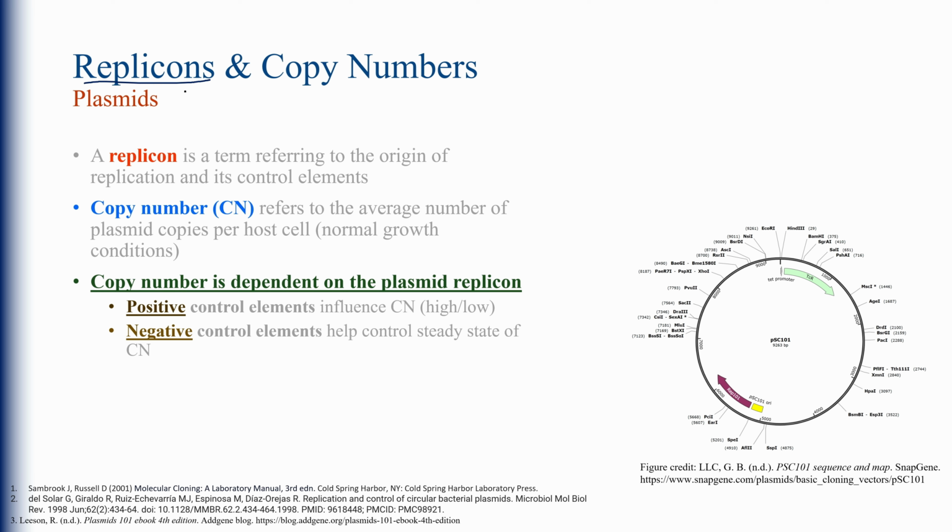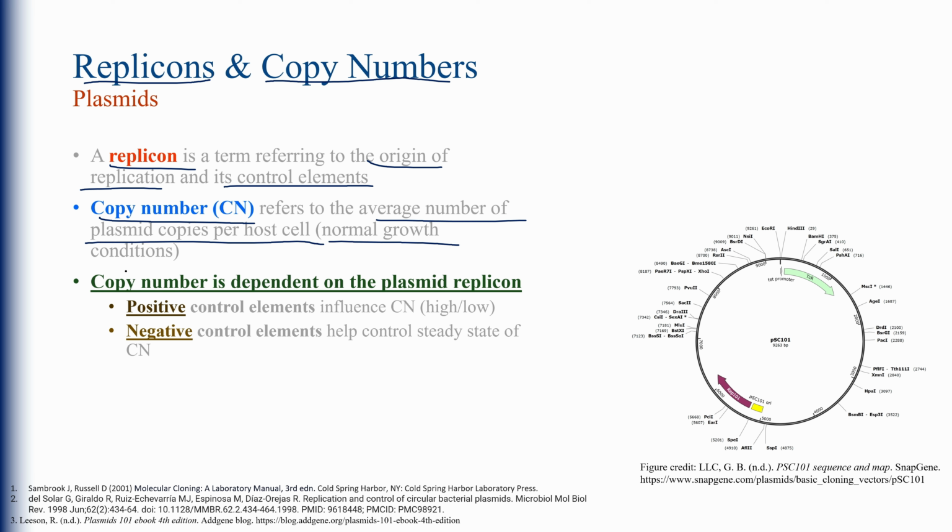So now that we have a general idea of replicons and what they are, let me discuss one of the fundamental things that replicons are responsible for, and that is the control of copy numbers for a given plasmid. So again, a replicon is a term that refers to the origin of replication and all its control elements. And copy number refers to the average number of plasmid copies per host cell under normal growth conditions.